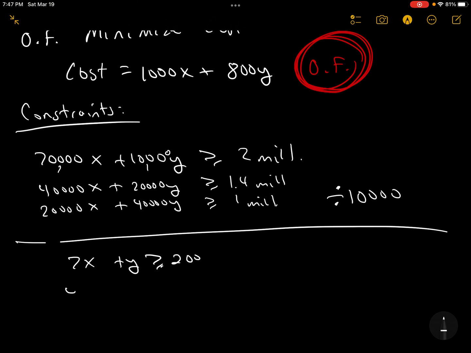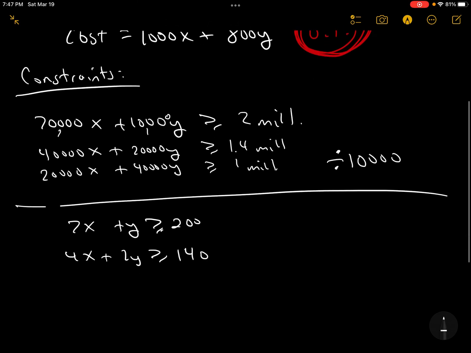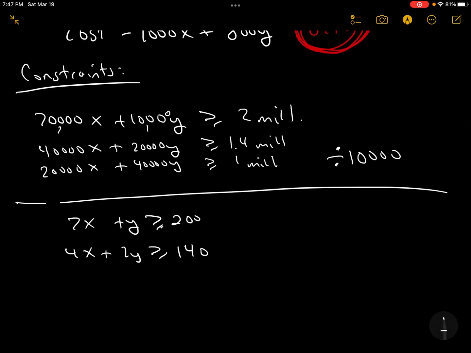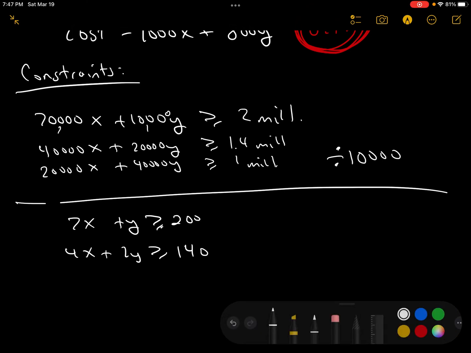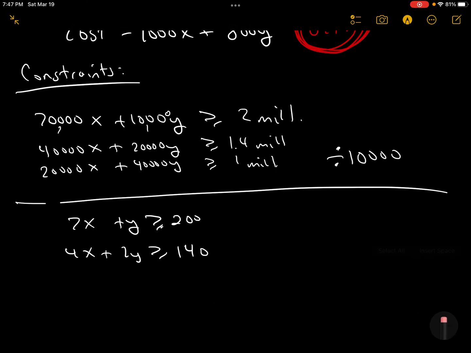4x plus 2y is bigger than or equal to 140. Next you go lower, because you can divide by 2 again. So let's do that.